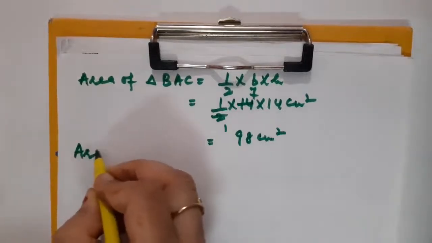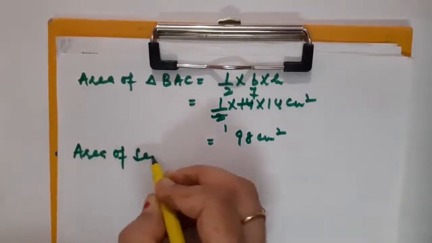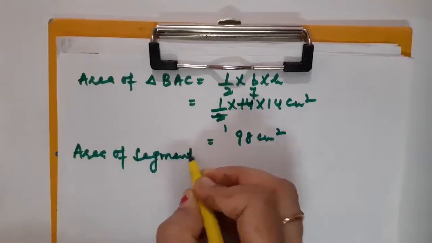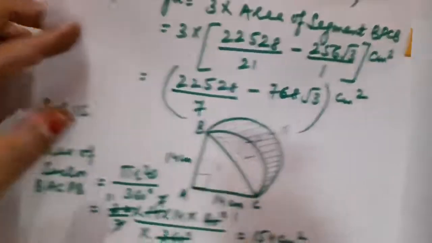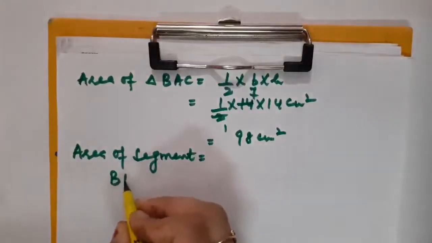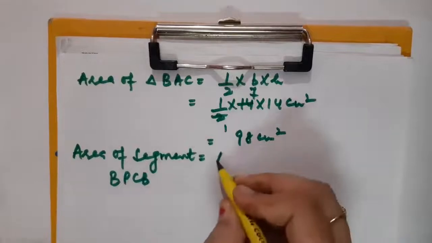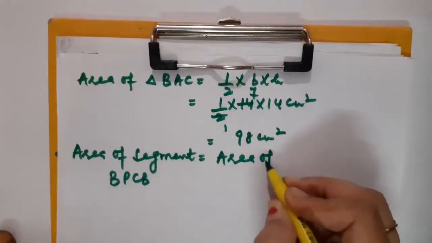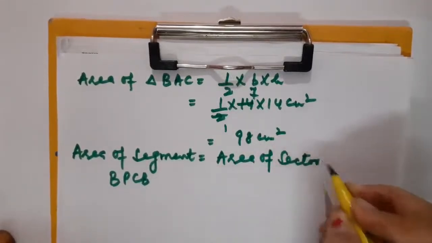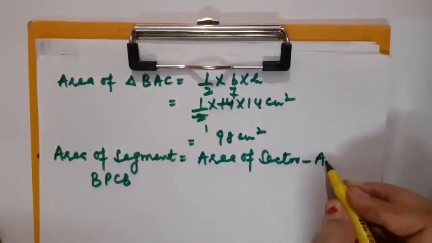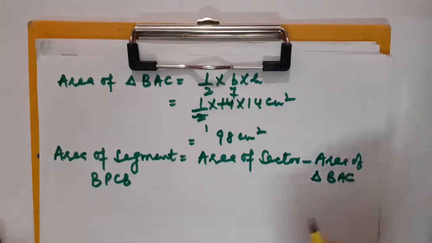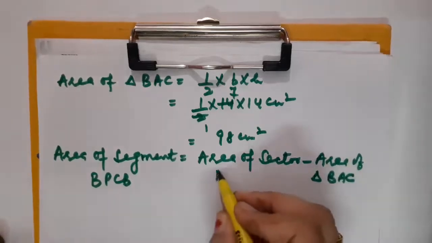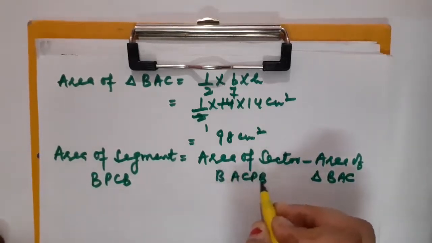So let us calculate the area of the segment now. What is the name of the segment? Please look at the diagram. That is BPCB. The formula you know: area of sector minus area of triangle. Triangle is BAC and sector is BACPB.